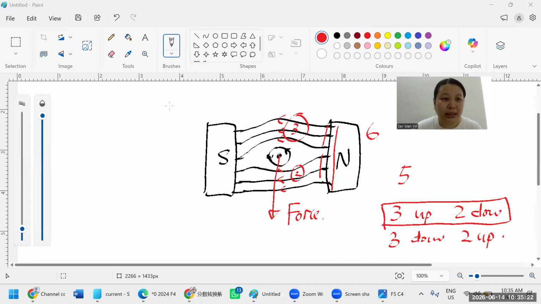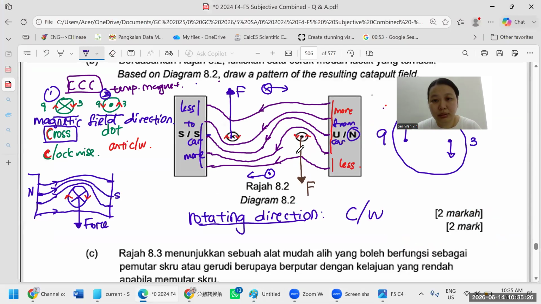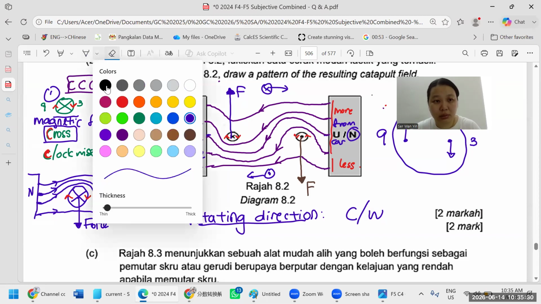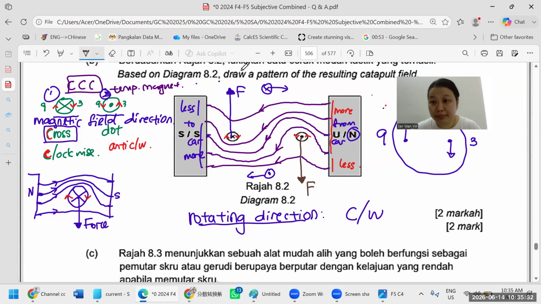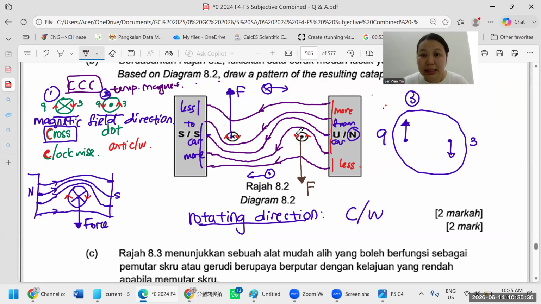Teacher, how do you get the direction of where the force should point? See here. Very good, you ask. Good, ask questions. Right, so this one has 1, 2, 3, 4.